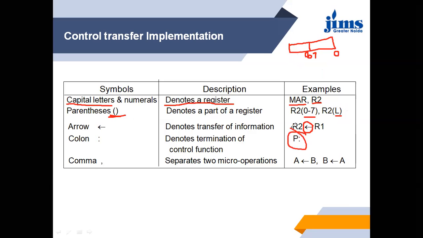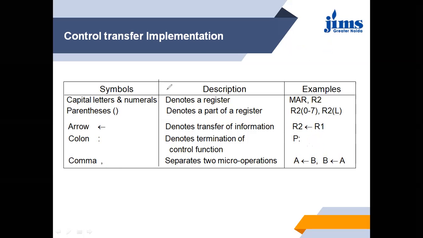And this comma separates two micro operations, that B is going to be transferred to A and A is going to be transferred to B. When two operations are going to be performed simultaneously, we can use a comma between them.